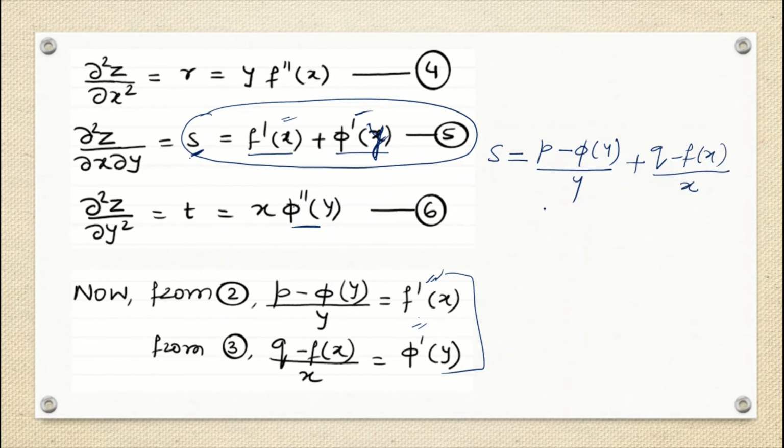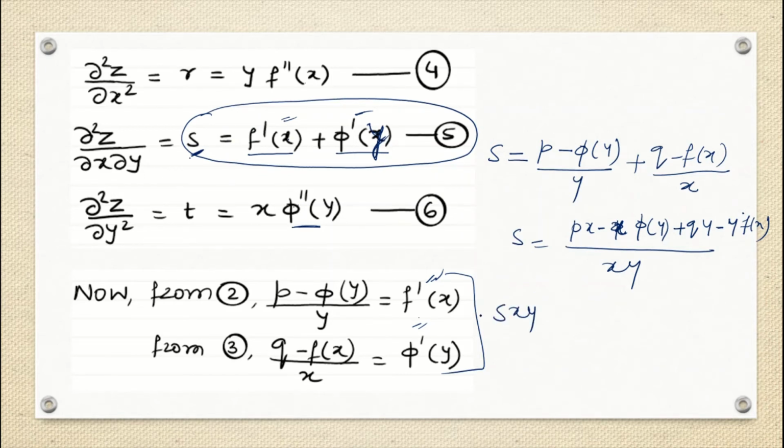If I simplify here, this will be px minus x φ(y), plus qy minus y f(x), and this is s. So again if I write this xy on the left hand side, sxy is nothing but px minus x φ(y) plus qy minus y f(x).